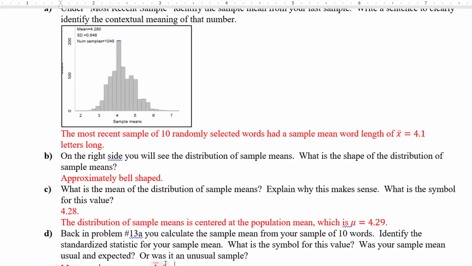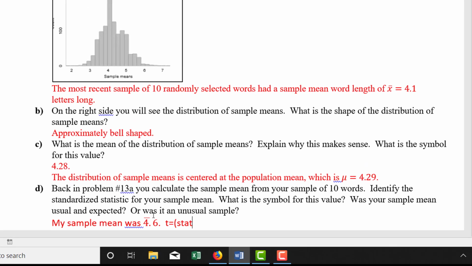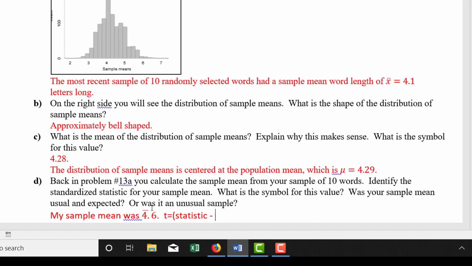A standardized statistic in this situation would be a t-score, because we're talking here about a distribution of sample statistics that are quantitative, a distribution of x bars. So we're going to use a t-score, and the t-score will equal the statistic minus the mean of the null, and then we divide by the standard deviation of the null.